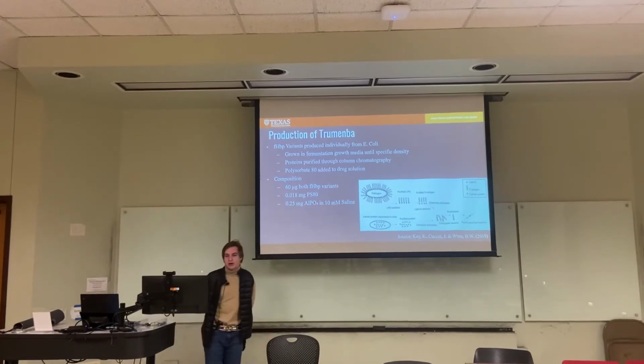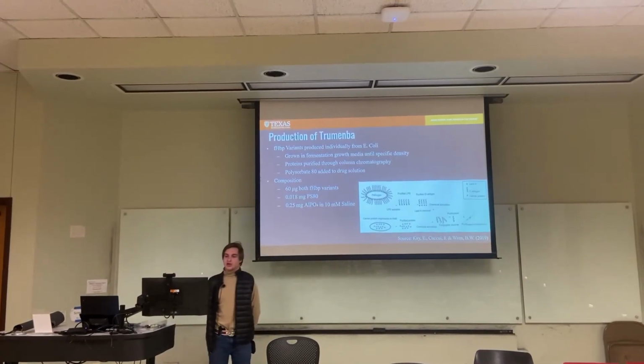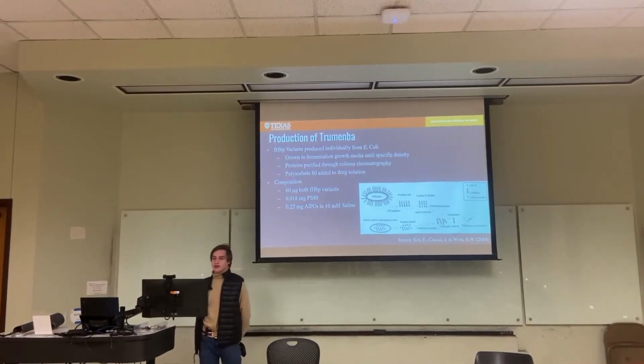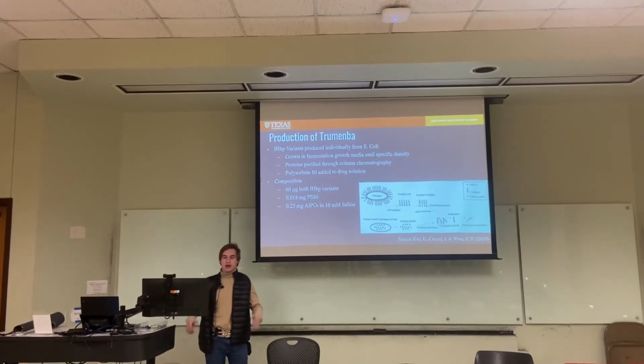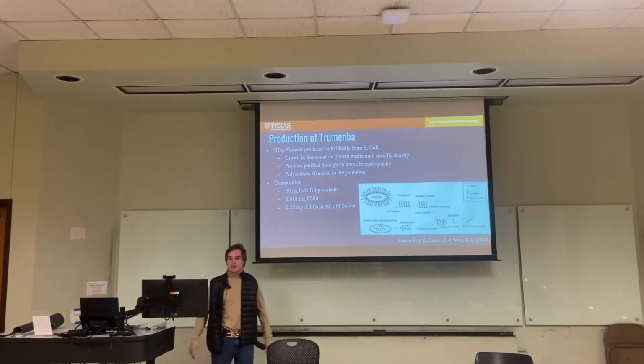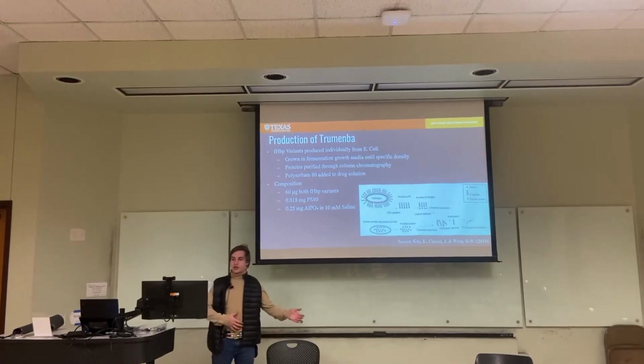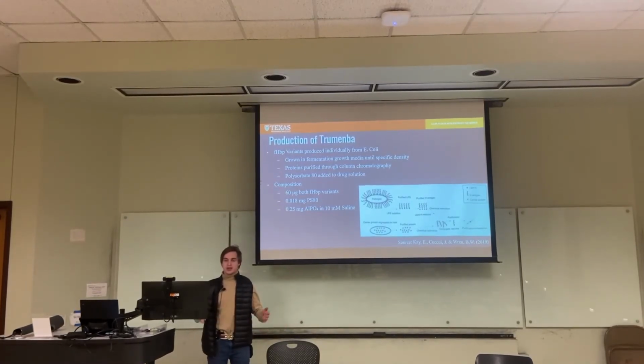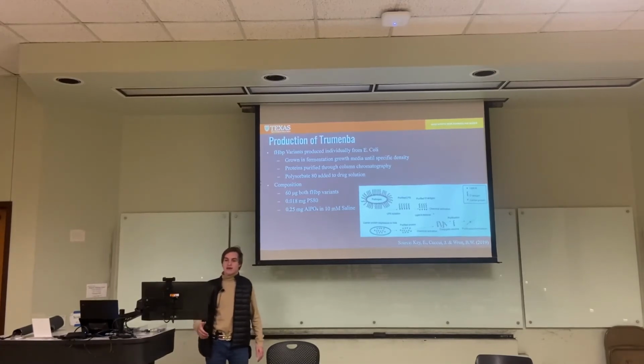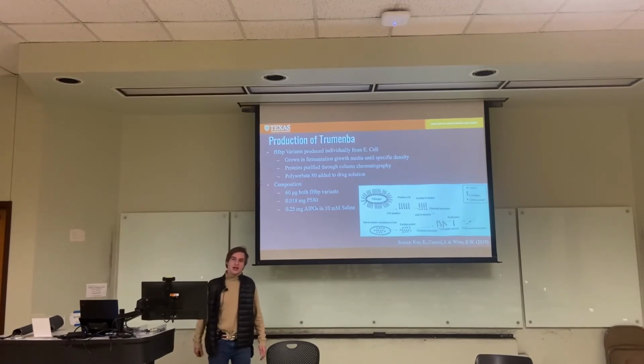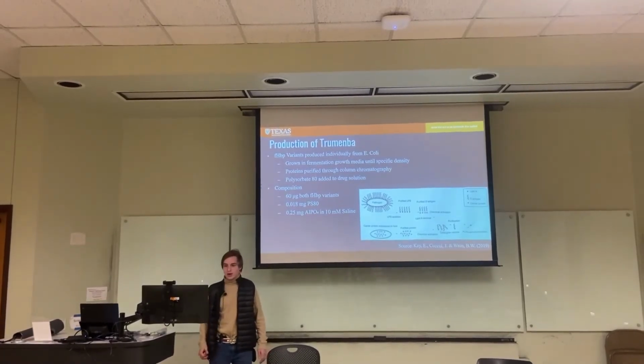To produce Trumenba, it is made by making the 2 FHBP variants individually, from E. coli bacteria. This is made by growing in a fermentation growth media until it's at a specific density, and they take it out and purify it through column chromatography, so it's just the FHBP variants that they want. Then they add polysorbate 80 as a preservative to make sure that it can sit on the shelf until it's needed.